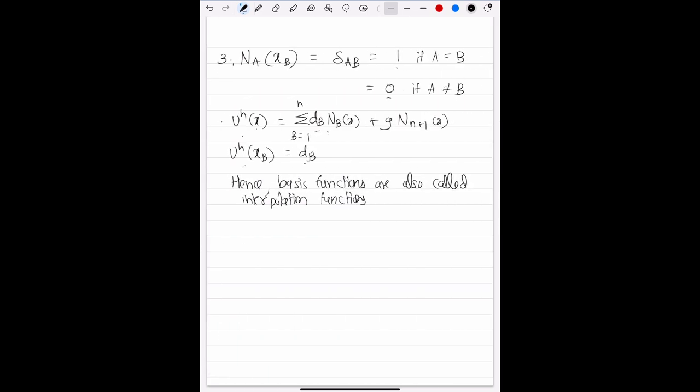Finally, another thing that I would note is that if you recall, we were trying to solve the matrix equation KD is equal to F. Here K was the stiffness matrix, D was the unknown vector, and F was the forcing vector. And here the D vector consists of all of these constants dB, and we know that dB is nothing but the solution at the grid point.